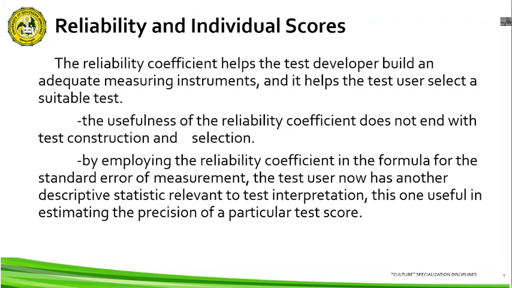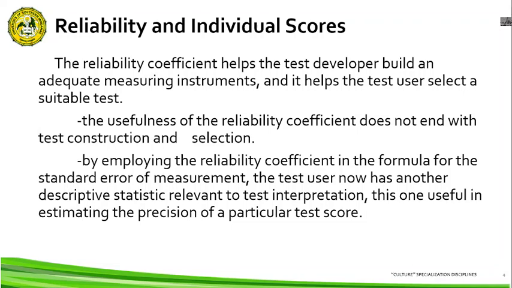Reliability and individual scores. The reliability coefficient helps the test developer build adequate measuring instruments, and it helps the test user select a suitable test. The usefulness of the reliability coefficient does not end with test construction and selection.